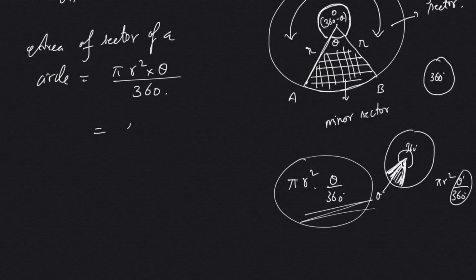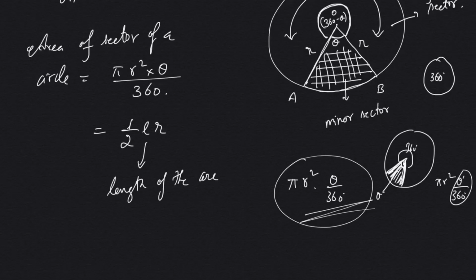Sometimes it is also given as 1 by 2 L into R. Here L denotes the length of the corresponding arc.